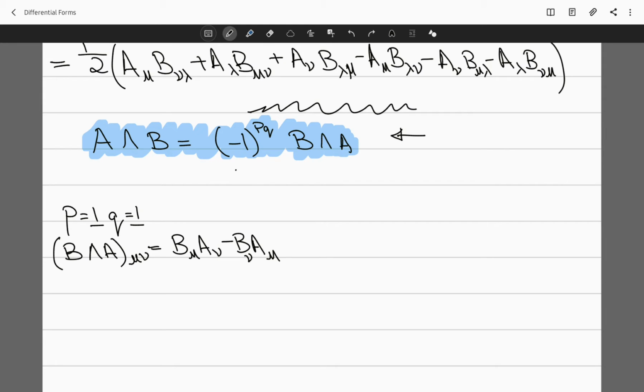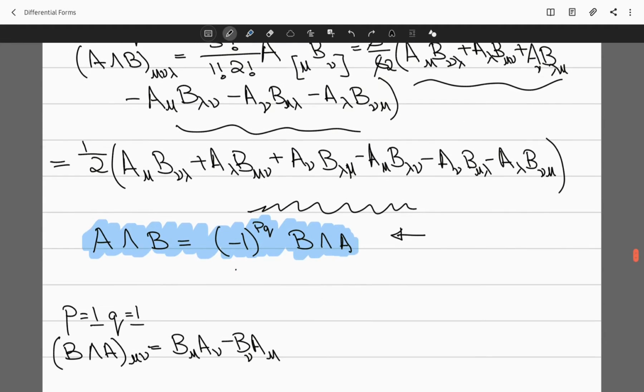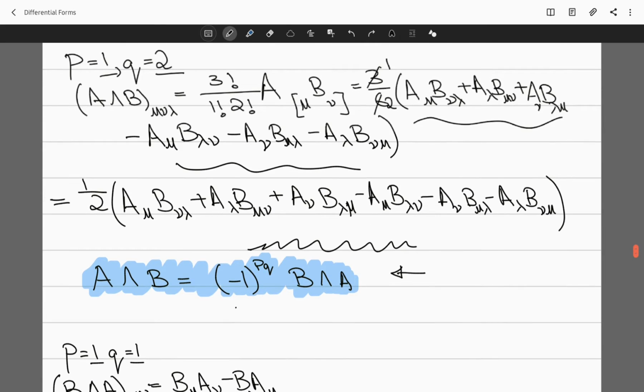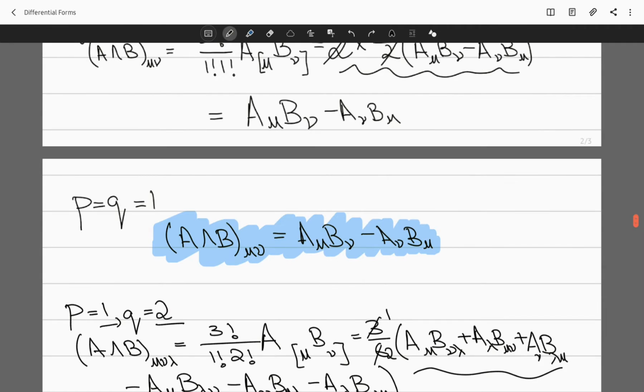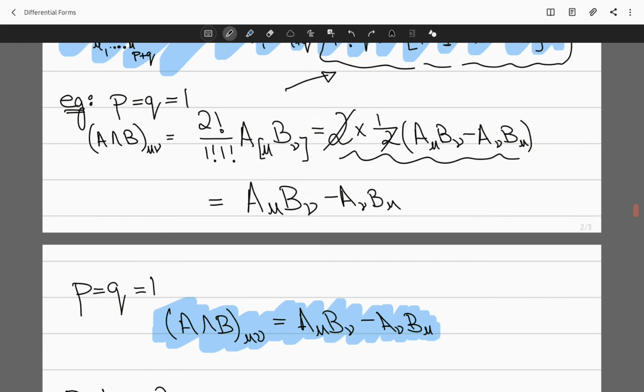Actually not according to this thing over here, according to something that we mentioned above. We did an example over here, when we said that P and Q would be equal to 1, and this is what we got.